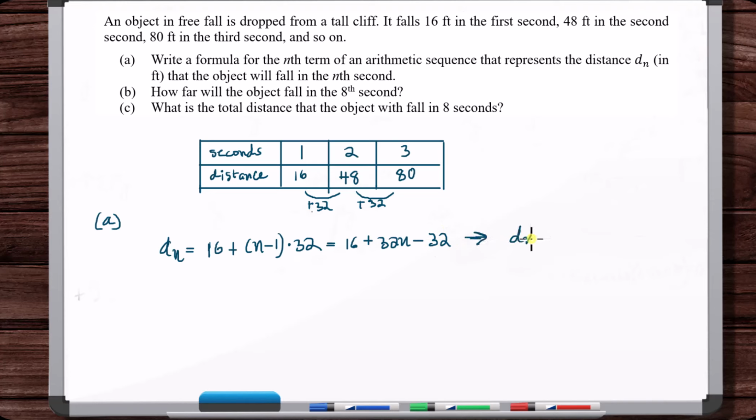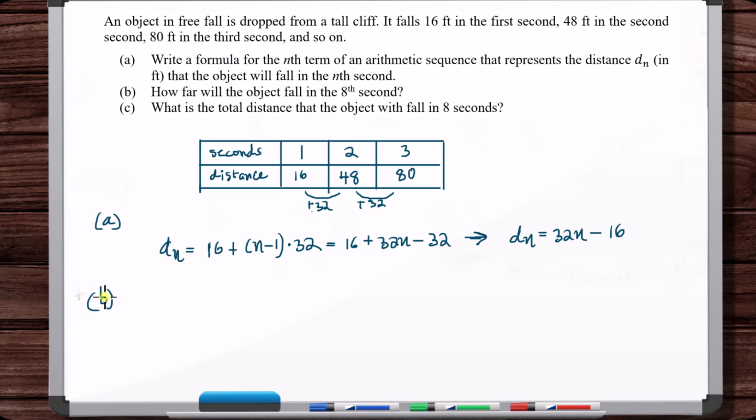So our d sub n is equal to 32n minus 16.